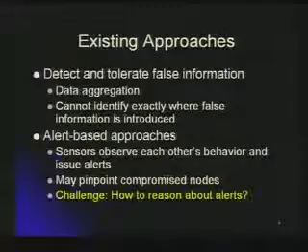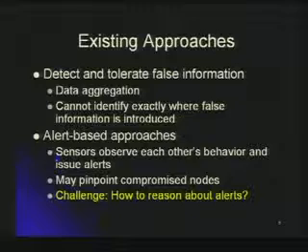The hope is that if we find some information which is very different from what is expected, then I just filter out that information. Hopefully the information I finally get does not deviate too much from the true information. In this approach, however, we cannot identify precisely where this false information is introduced. We may not be affected by the false information, but we don't know exactly which nodes are compromised.